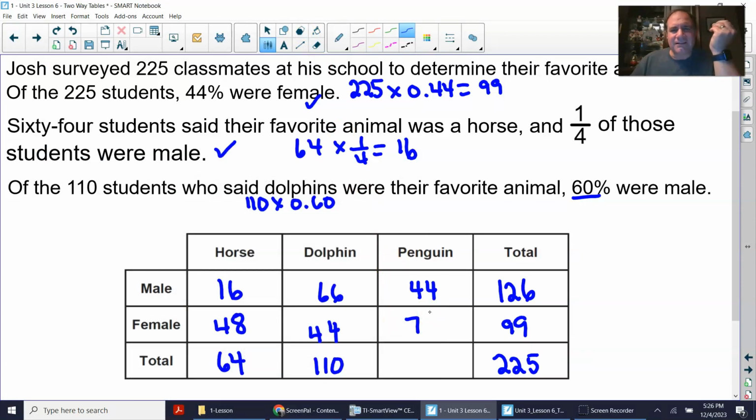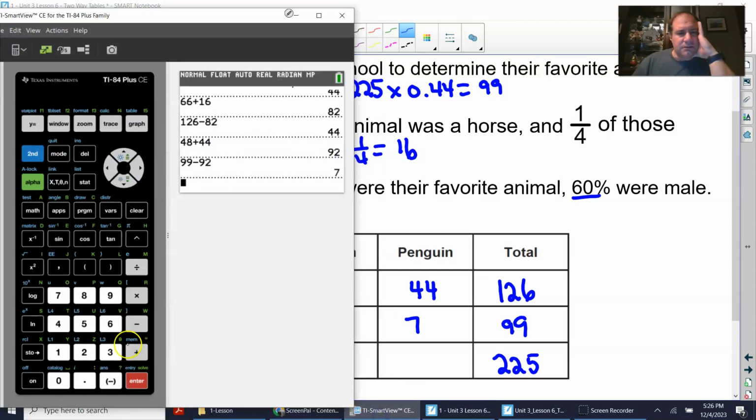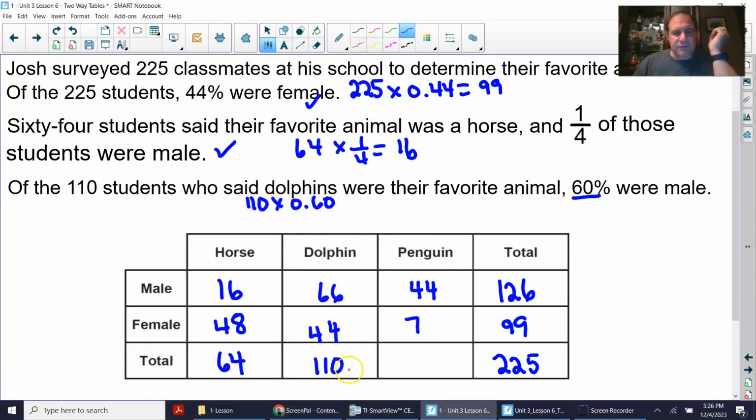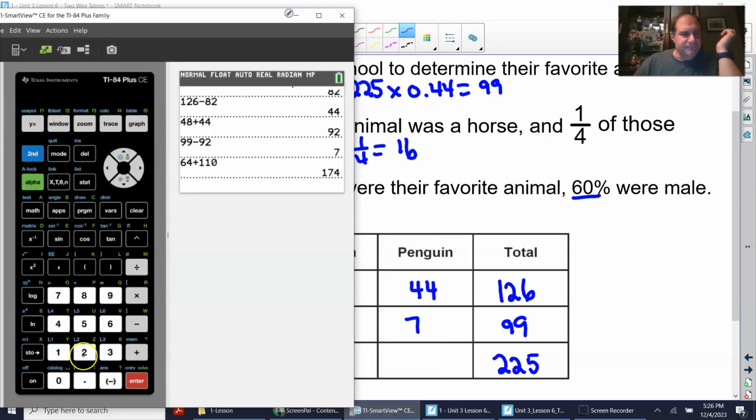Who doesn't like a penguin? And then we have 64. I love penguins. 174, and then you get 225 minus 174, and you get 51.